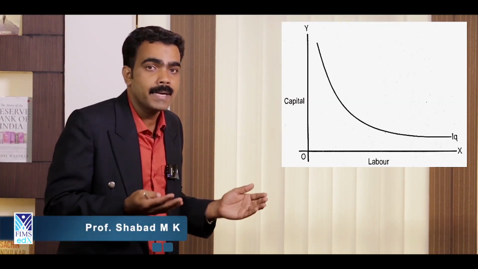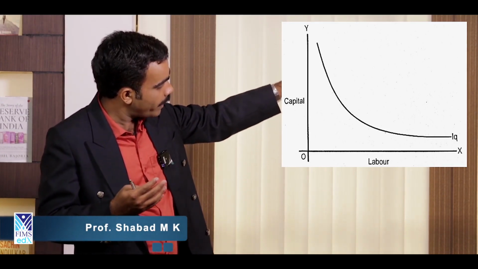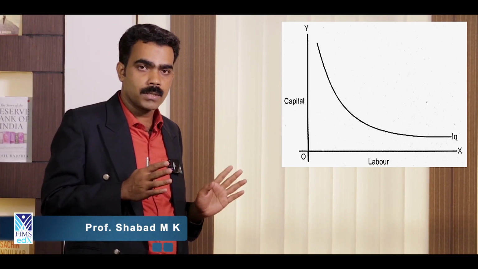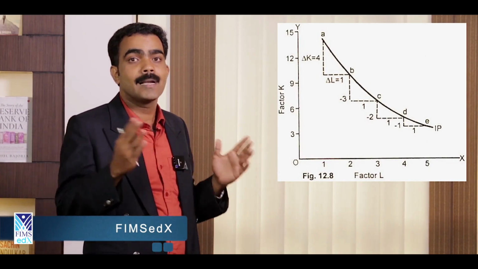The third thing is that an isoquant is always convex to the origin. The next thing is that two isoquants never intersect each other. When we draw isoquants as a map, two isoquants never intersect or touch each other. It does not happen. The last but not the least is MRTS, or marginal rate of technical substitution.